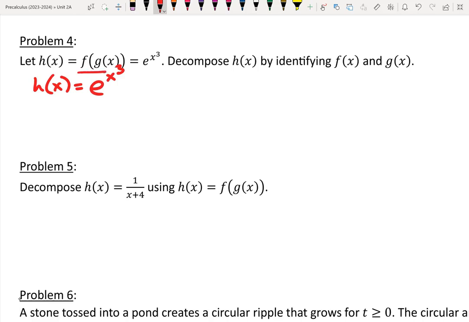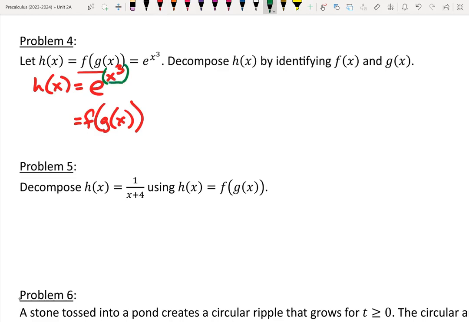Now they're showing that f and g, so this is f of g of x. So we really want to know what is kind of the outside function and what is the inside function that was originally plugged in.